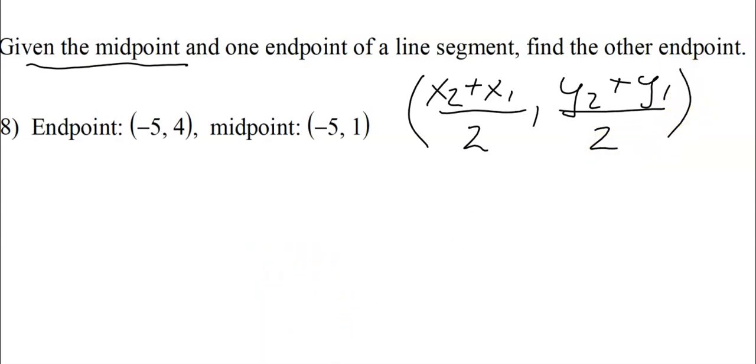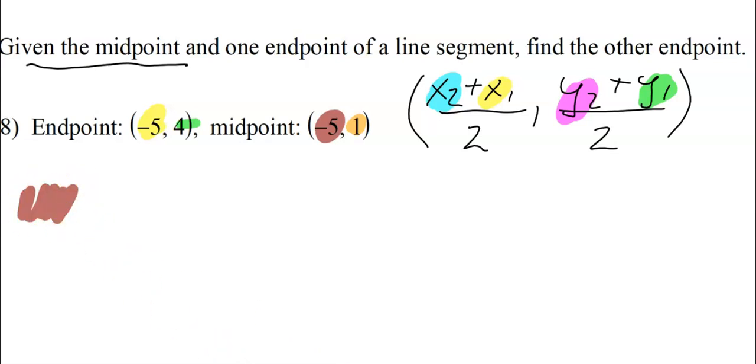When we put in our values, we've got first x, we've got first y. I want to find x2 and y2. Those are blue and magenta, my variables. They gave me this x value and they gave me this y value.